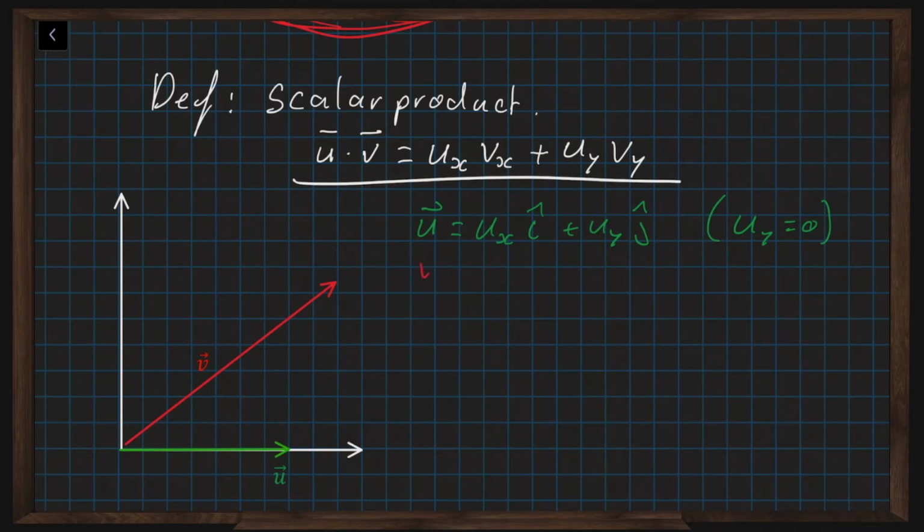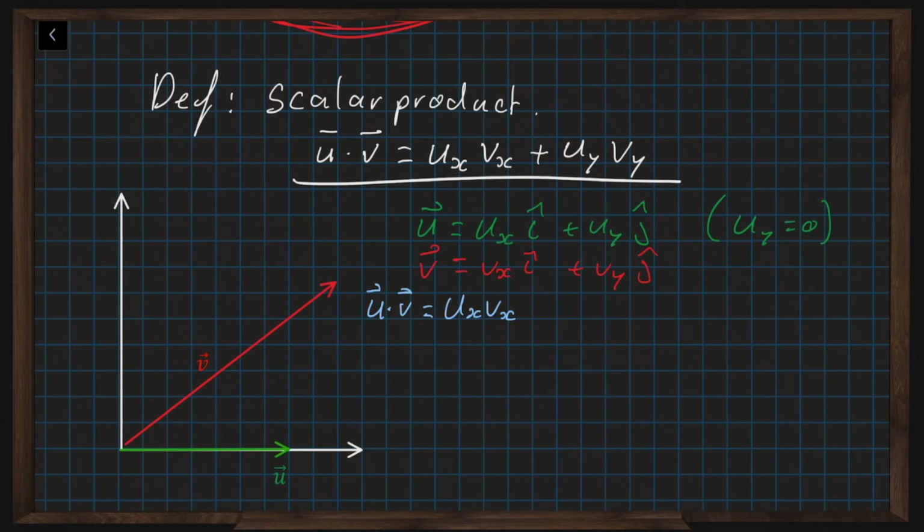Next we have v, which is vx i hat plus vy j hat. So now we take the dot product of the two. u dot v is equal to ux vx plus uy vy. But remember that uy is 0, so this cancels out.